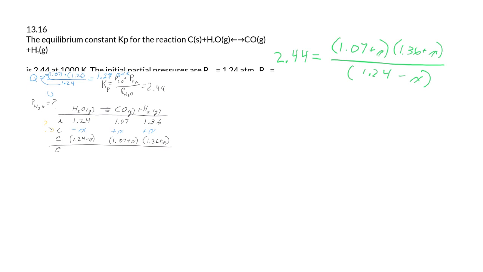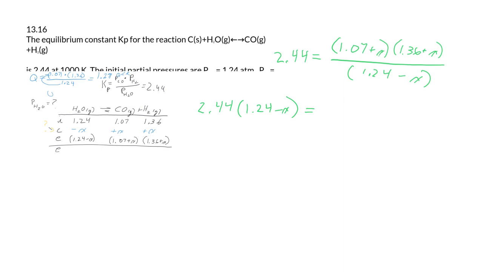Some algebra is definitely going to be coming into play here. So trying to think the best way to do it, I'm going to bring the bottom term around to each side and then multiply by the top. So we've got 2.44 times 1.24 minus X equals, and then I'm going to FOIL those guys, right?